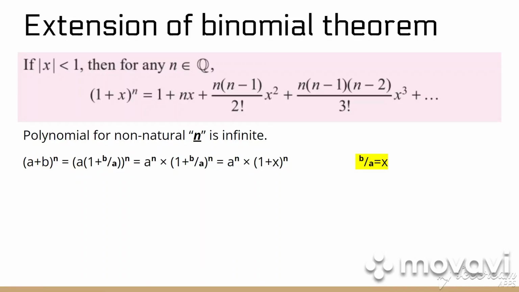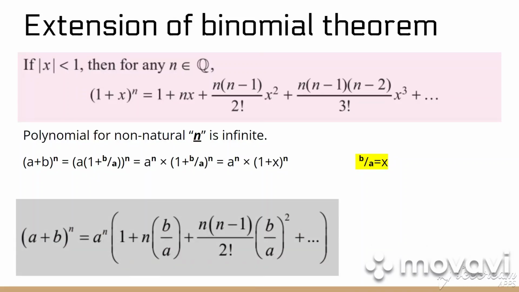And let's say, for the sake of making the equation a little less difficult, b divided by a will be x. So we'll get a to the power n multiplied by 1 plus x to the power of n.